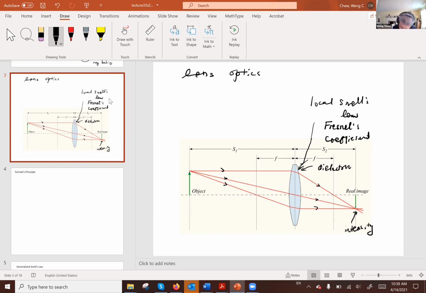This is usually used if this object is of size d, and if lambda is much, much less than the size of the object.